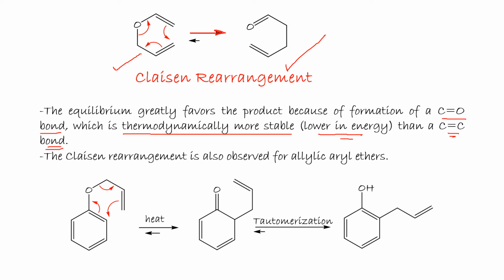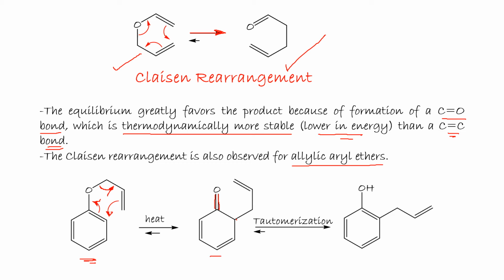Claisen rearrangement is also observed in allyl aryl ethers, like this one. Okay, transition state, to form a double bond to O and ortho allyl. You might say, okay, but here it is stable because it's aromatic.